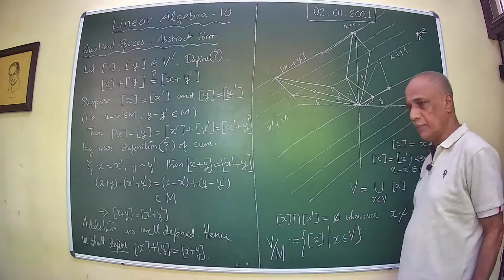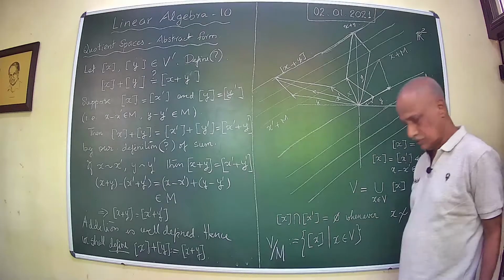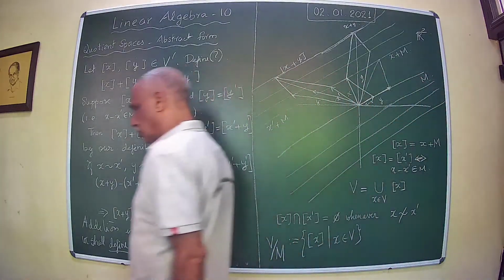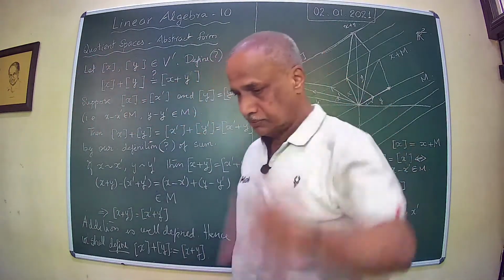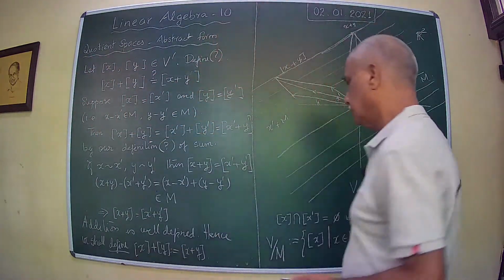There is no ambiguity at all on the choice of the representing vectors.